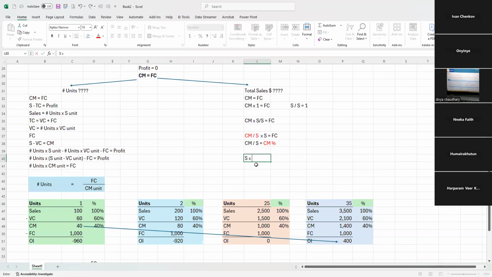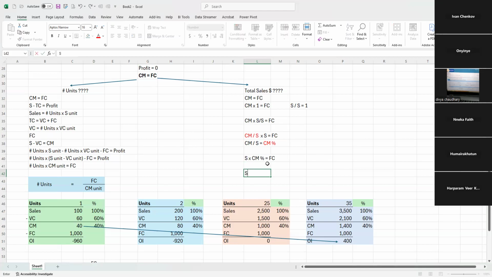Sales times contribution margin ratio should be equal to fixed cost. What we want to find out is how much my sales should be.